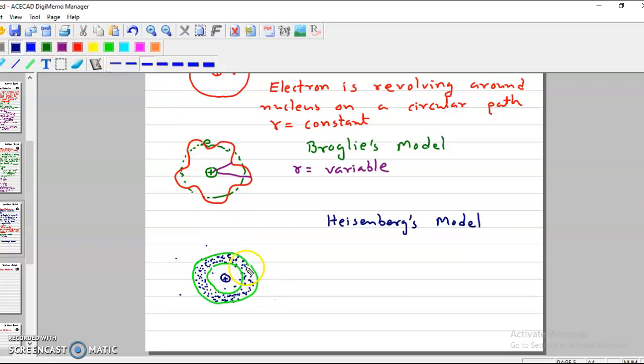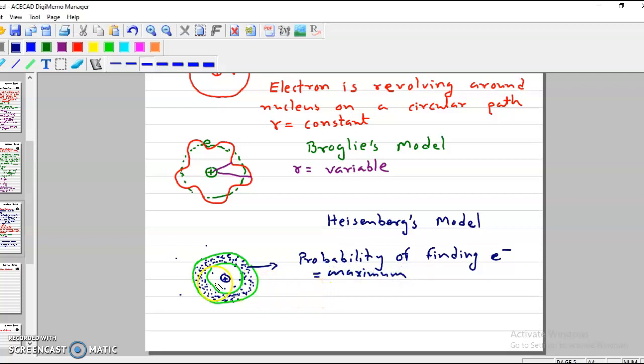So now we have a completely uncertain model. So this shows that the probability of finding the electron in this area or in this space is maximum.